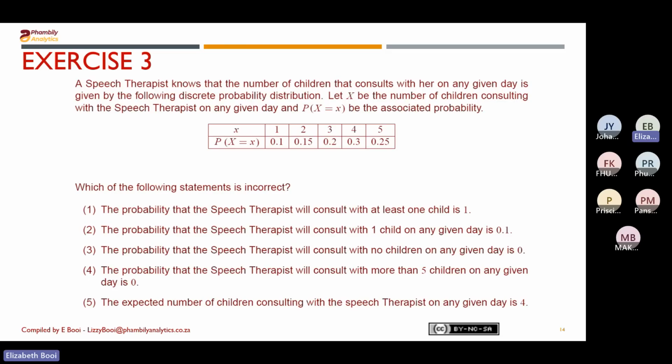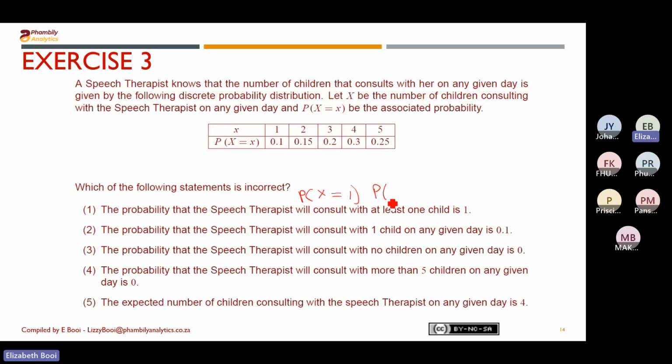Option number 1: the probability that the speech therapist will consult with at least one child. How do we write this in a statistical formula manner? Will it be the probability that X equals 1? Is that how we write it?